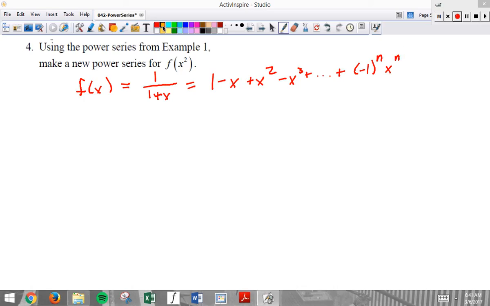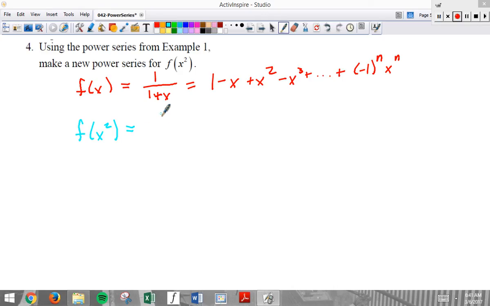So now, children, ladies and gentlemen, boys and girls, young adults all, what does this notation mean? A lot of people still struggle with this long after pre-cal. This says take f, and everywhere you see an x, replace that x with an x squared.